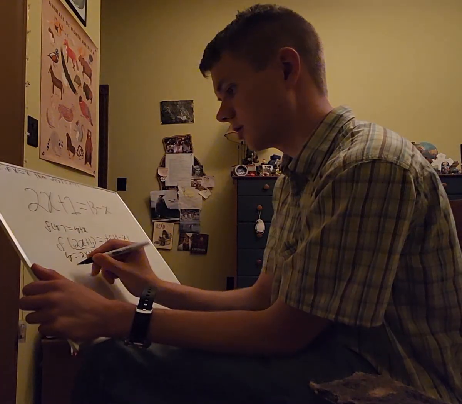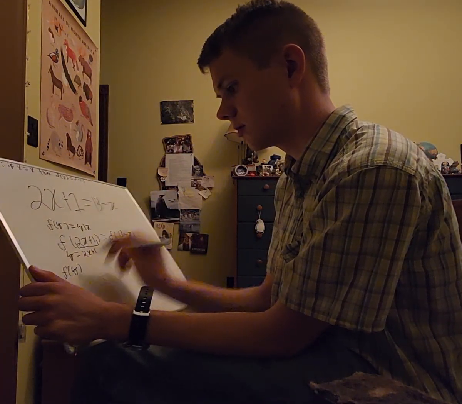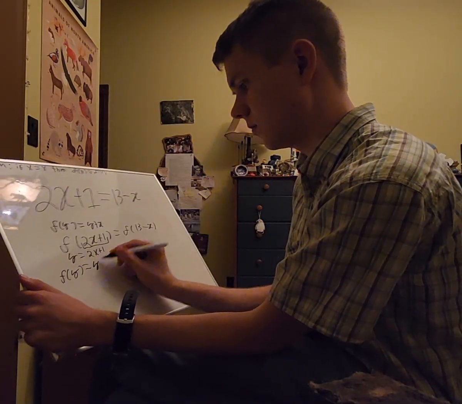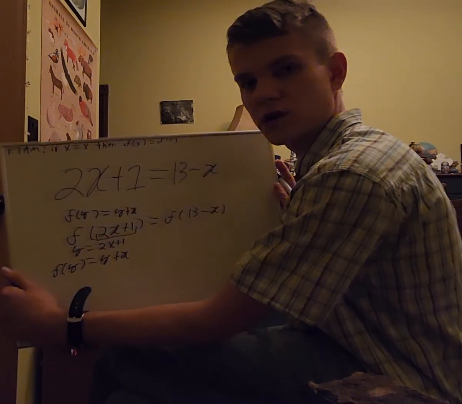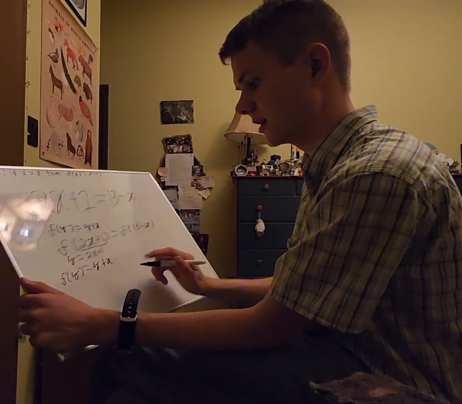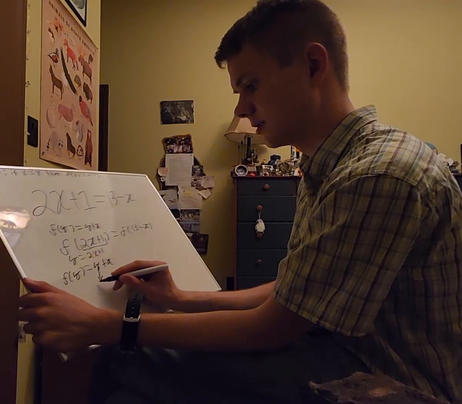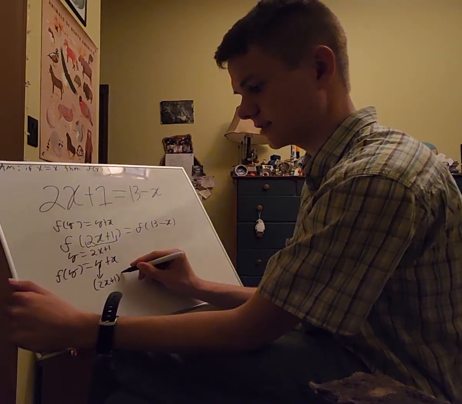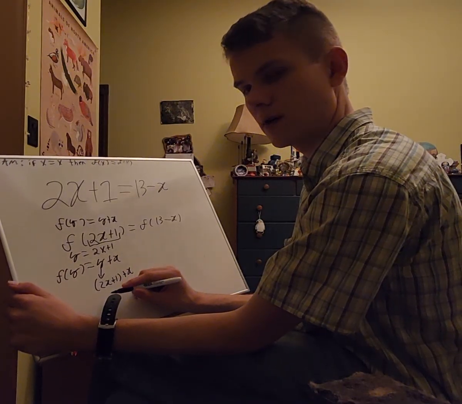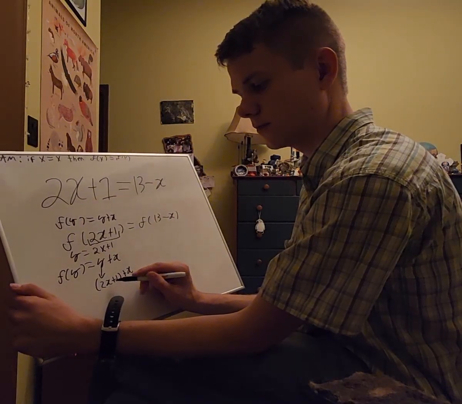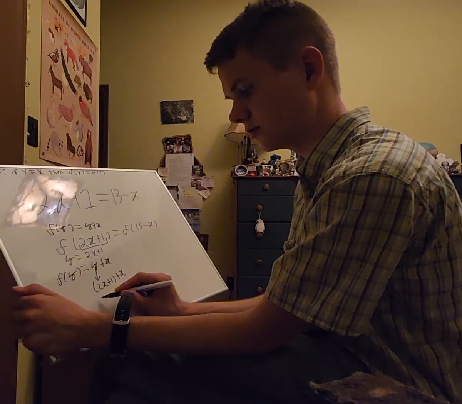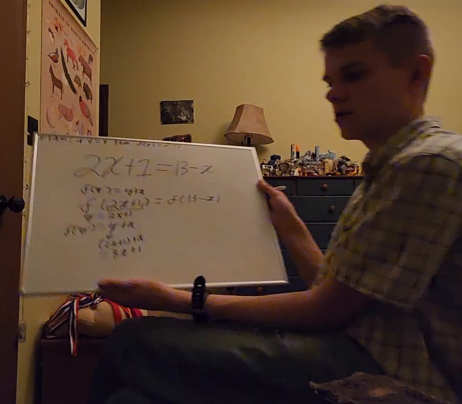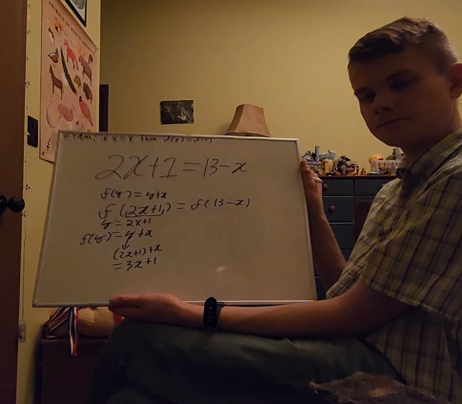Then f(y) is equal to y plus x, and we know what y is. So y is 2x plus 1, and then we've got this plus x right here. Well, 2x plus 1 plus x is just equal to 3x plus 1. Hopefully you can see that.